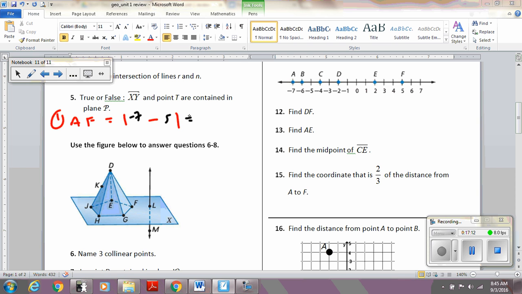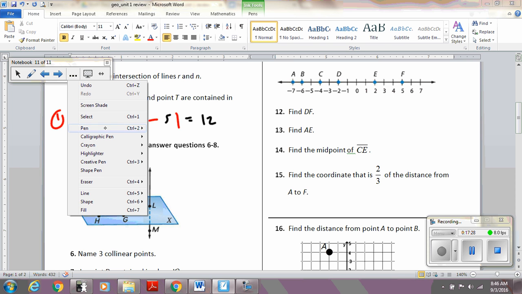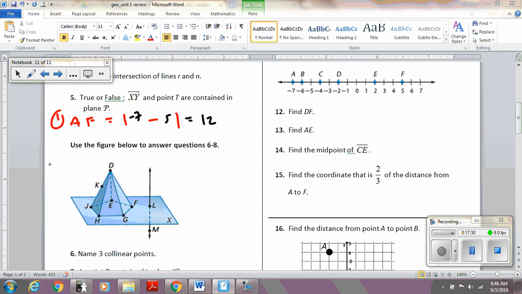So right away, that distance will be 12. Without a calculator, without every little detail, you should be able to recognize that. With more practice, you're going to get faster. Trust and believe me.